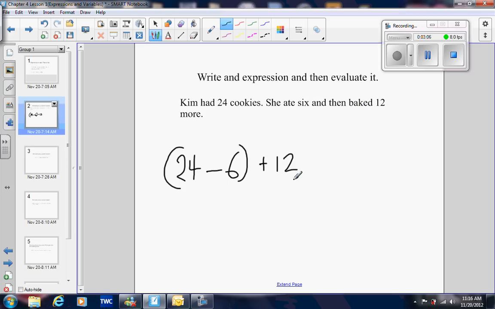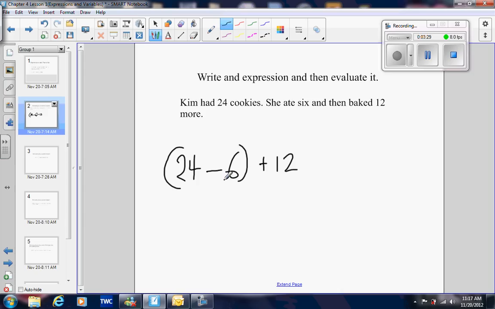Notice there is no equal sign in here. We could do an equal sign and find an answer. If we were to write an equal sign, it would turn from an expression into an equation. If it has an equal sign, then it's an equation. Alright, so first we've done this write an expression part. That part is done. Now it's time to evaluate it.